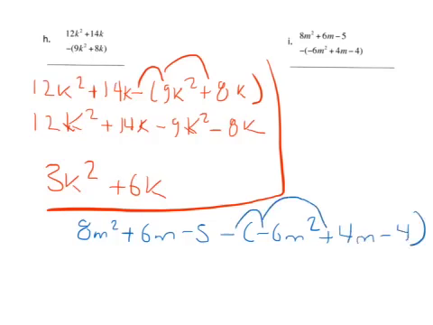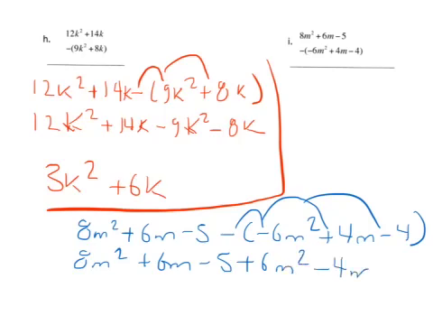Do your flying arrows to distribute the signs, and you would get positive 6m squared minus or negative 4m and positive 4. Okay, simplify it, you get 14m squared, positive 2m, and negative 1.